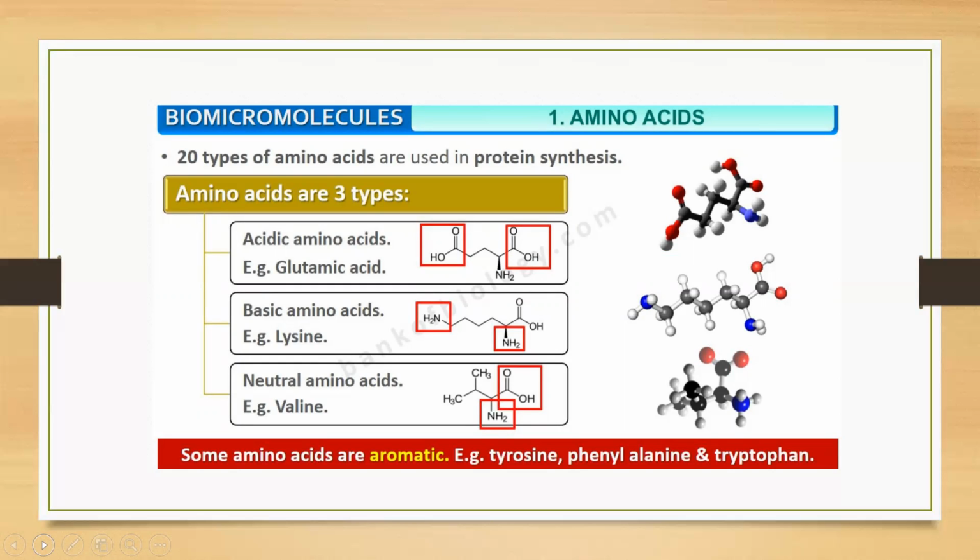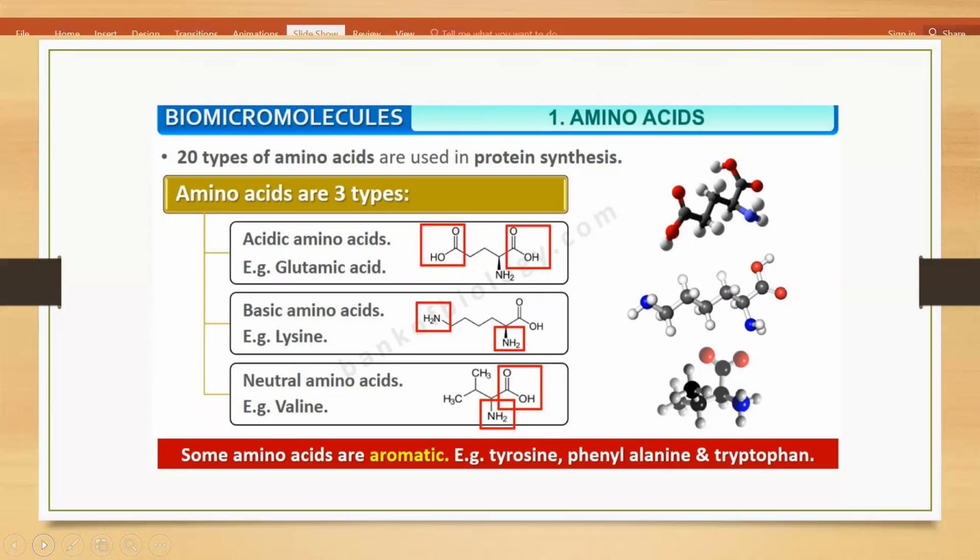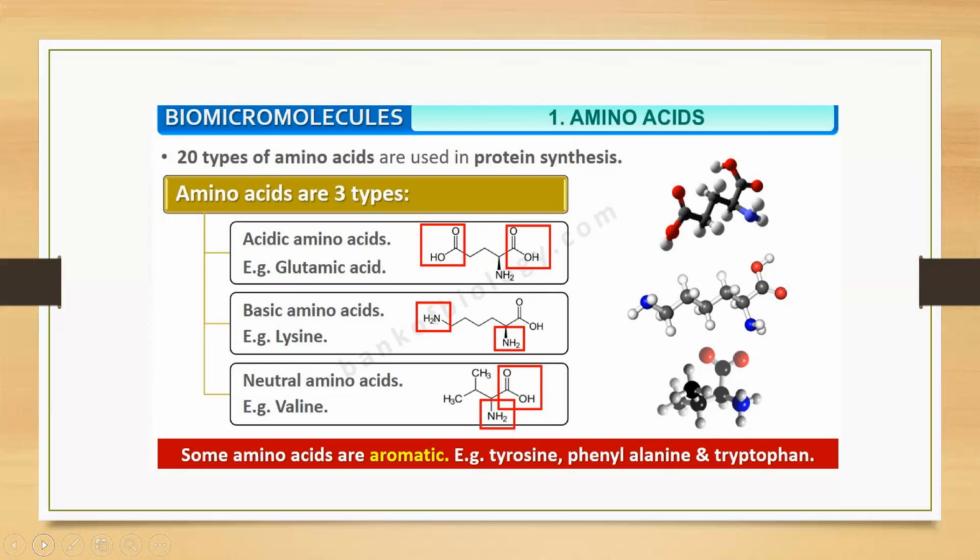The rest of the amino acids can also be categorized as acidic amino acid, basic amino acid, and neutral amino acid. As the name itself suggests, acidic amino acid will have two or more acidic groups, for example, glutamic acid, and obviously one NH2.